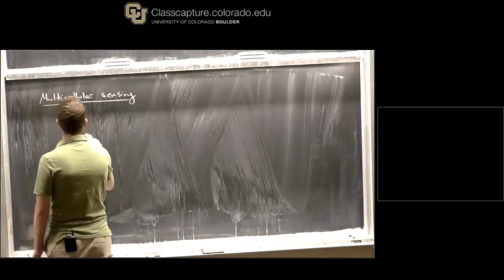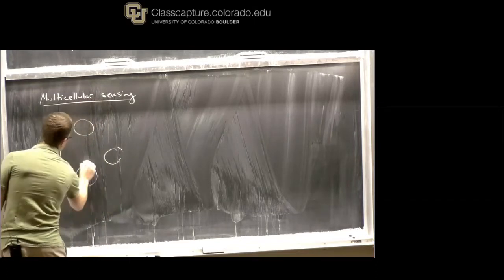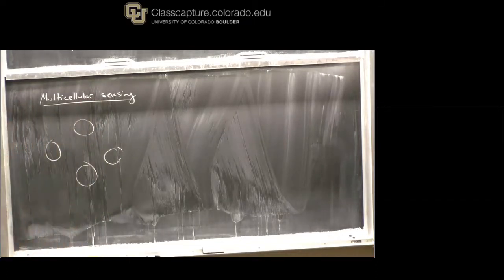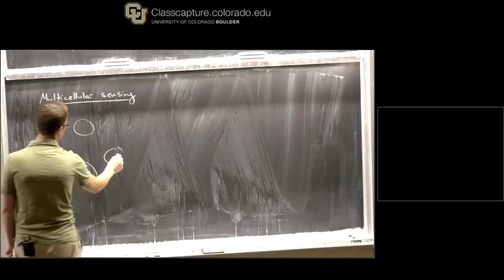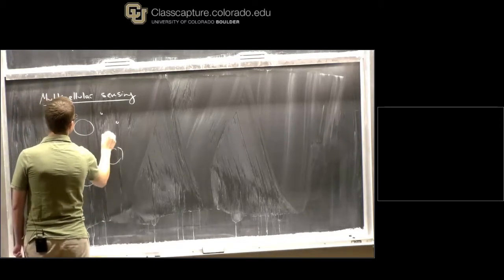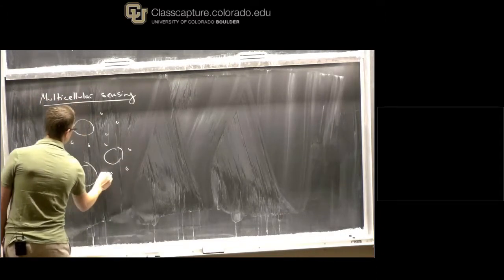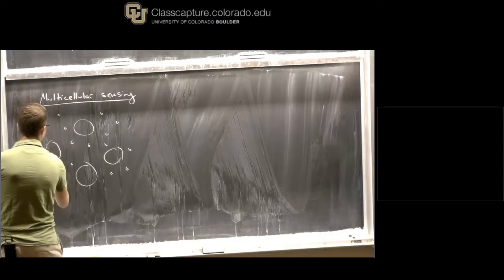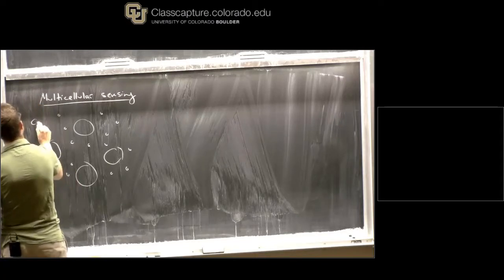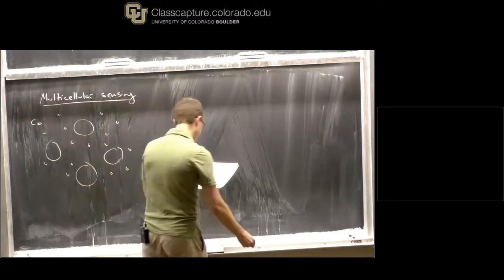So, I want to start simple. I want to imagine any sort of generic system with a bunch of cells, maybe at particular positions, and they have the simpler task that we've been discussing, which is to detect a uniform concentration, call it C naught. And we want to know the precision with which they do that.